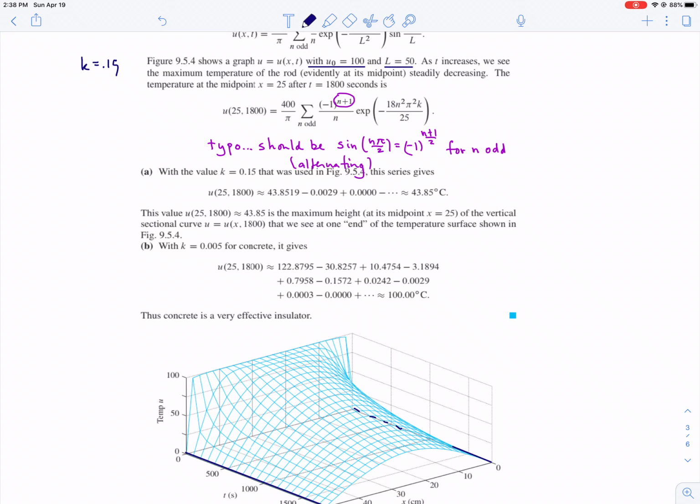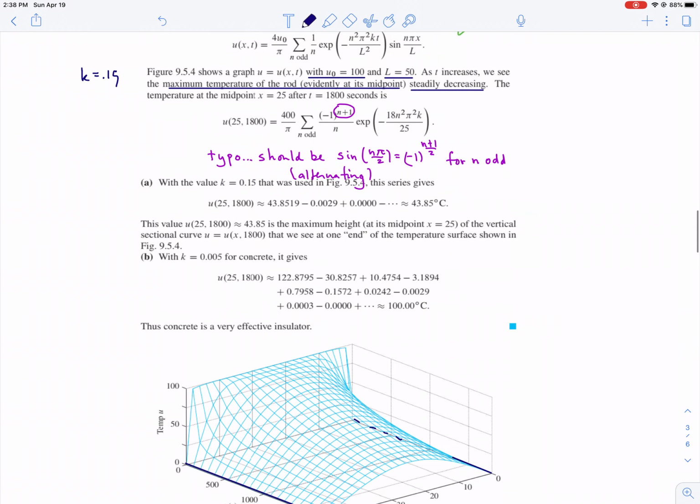It is true that in this problem, the maximum temperature of the rod will always be at its midpoint. I know how to prove that, but it's not that easy to prove. Anyway, it looks to be true, and it is true, and it's steadily decreasing. Both of these can be proven.